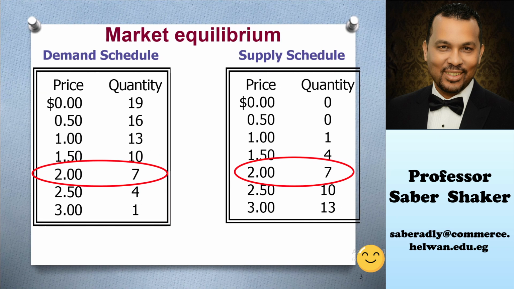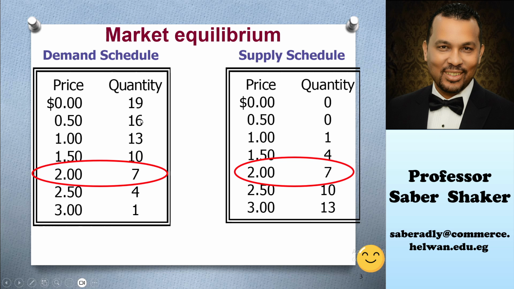By numbers, we can compare the demand schedule and the supply schedule, okay? Based on the trend of values, as price increases, quantity demanded decreases. When the price equals 0 in the case of demand, quantity demanded is 19. Price equal to $0.5, quantity decreases from 19 to 16.